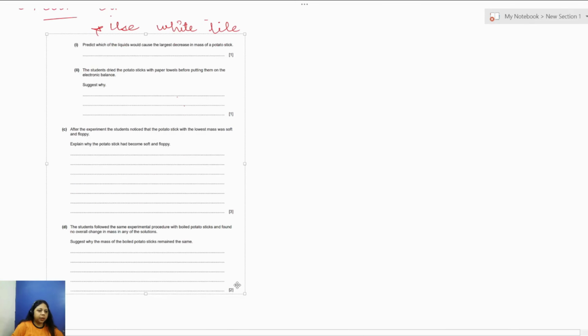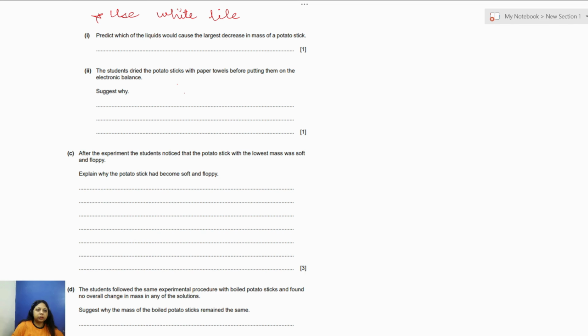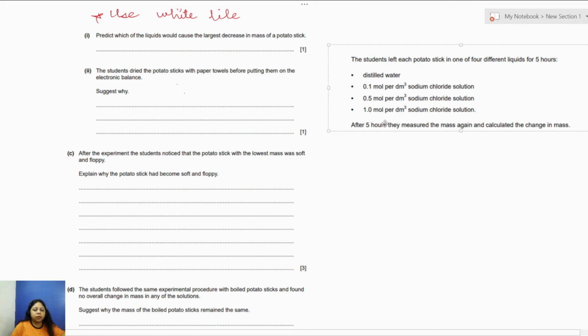Now the questions related to this: if there are certain solutions, predict which of the liquids. Let me again just copy the solutions. I'm giving you solutions here. In which of the solutions would you observe the largest decrease?